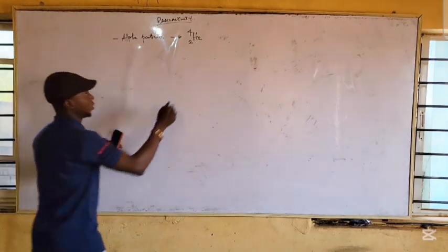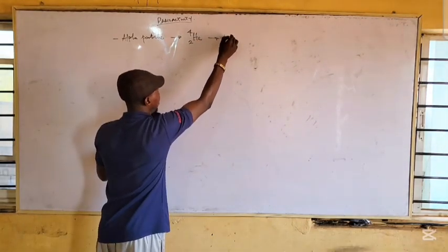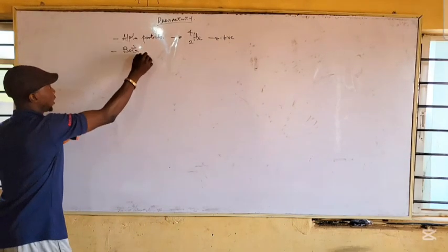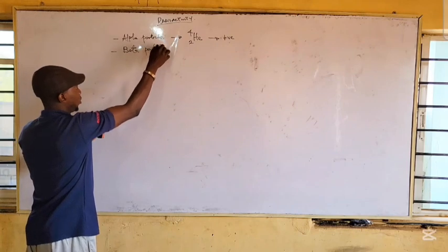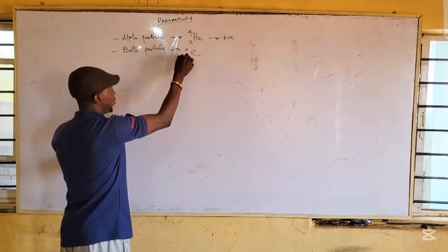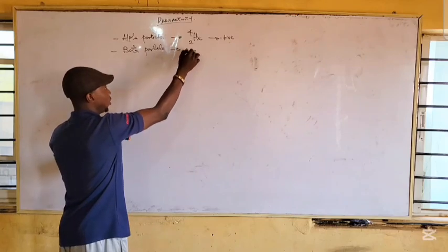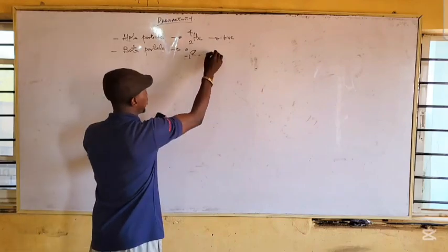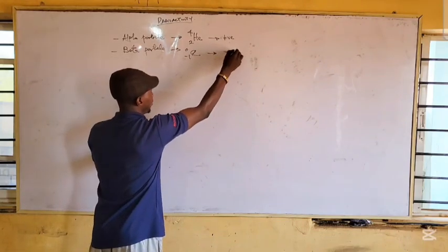That is an alpha particle, and they are positively charged. The second radiation that can be emitted is known as beta particle. They are represented by an electron, e, 0, minus 1. E stands for electron. And it is always negatively charged.